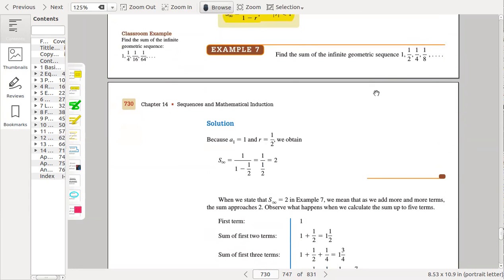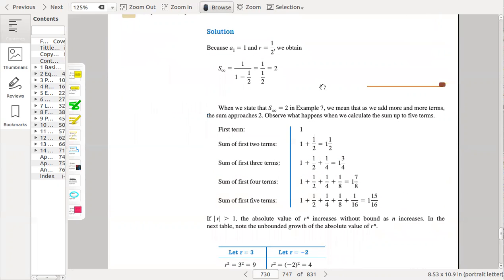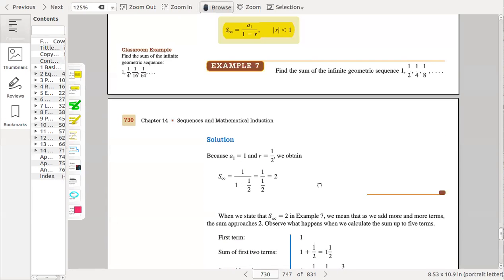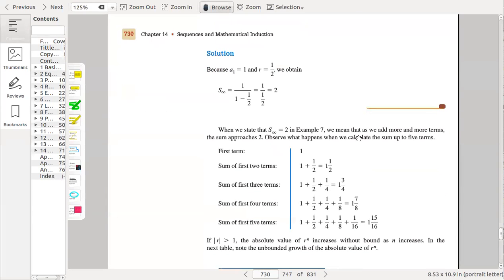That is very interesting: we can add infinitely many terms, and the sum will be 2. When we state that S infinite is equal to 2 in example 7, we mean that as we add more and more terms, the sum approaches 2.